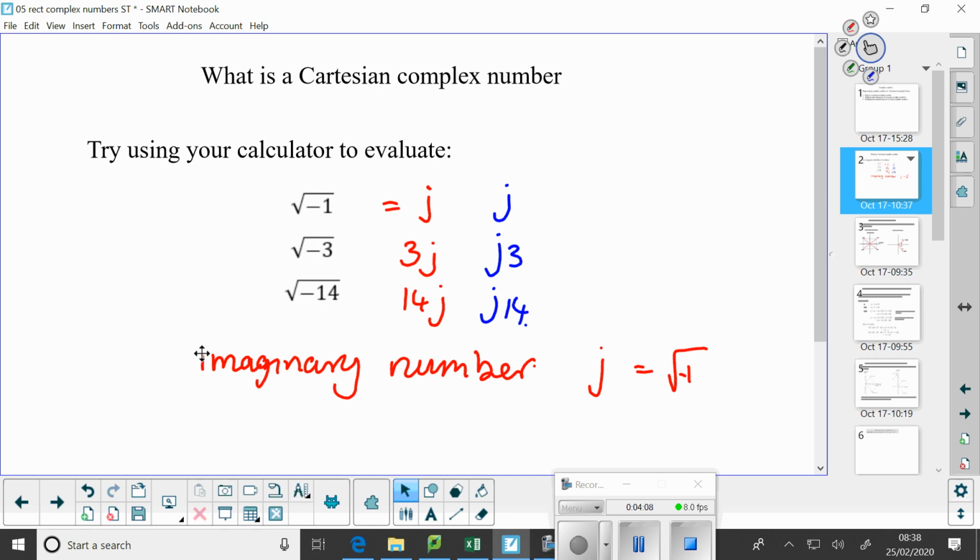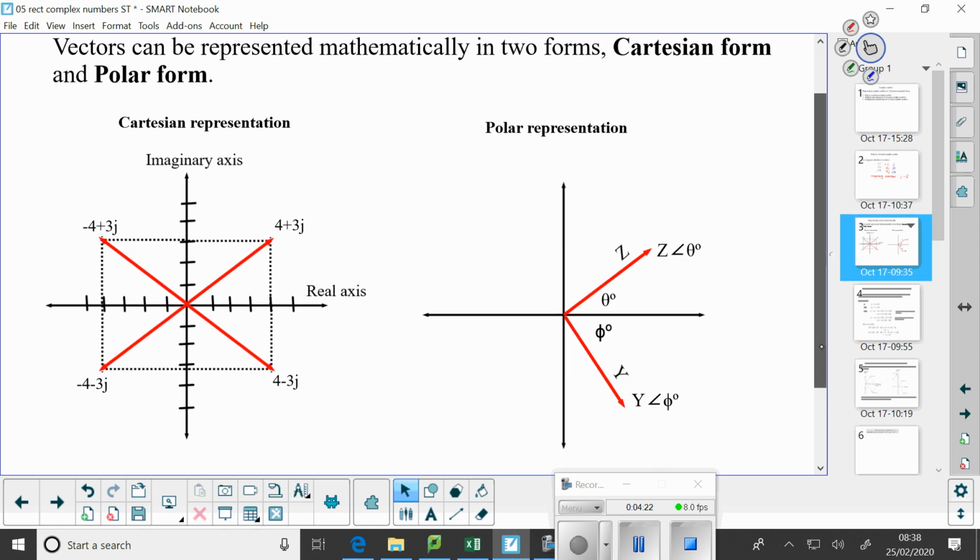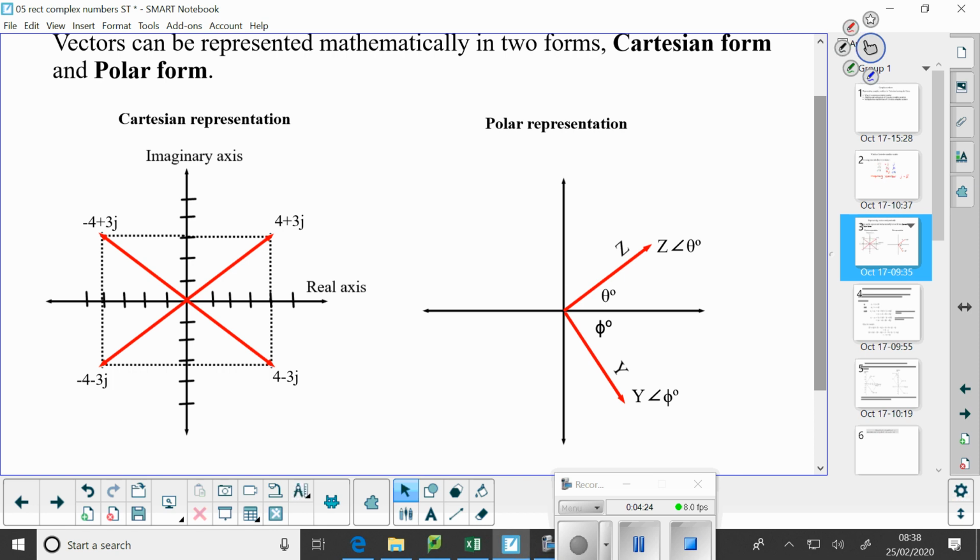Alright? So we end up representing complex quantities in what's called Cartesian form. That's there for completeness at the moment. Next week we'll be covering the polar representation of a complex number.